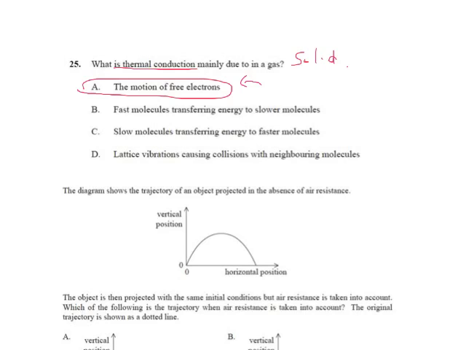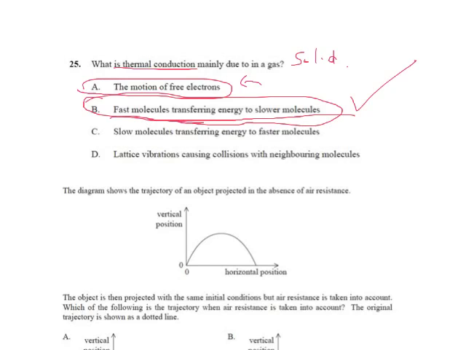Could it be fast molecules transferring energy to slower molecules? Well, definitely, because until those relative energy levels balance out, so every molecule has the same amount of energy, this would continue to happen. So this is a definite possibility.